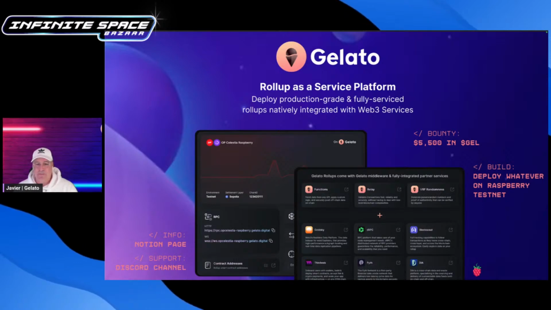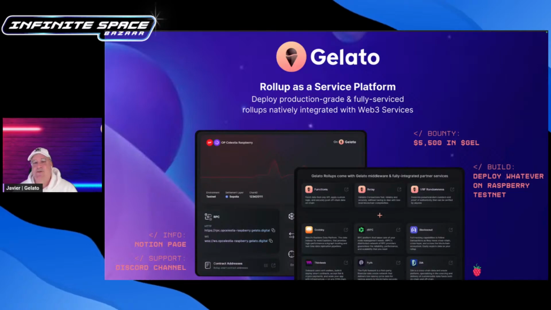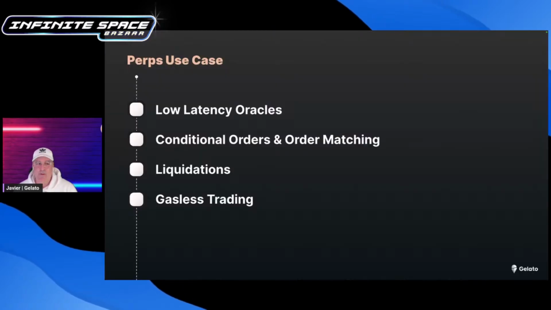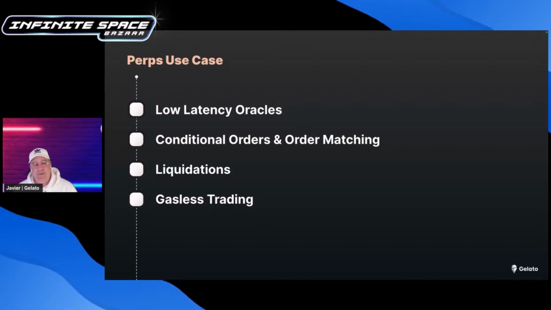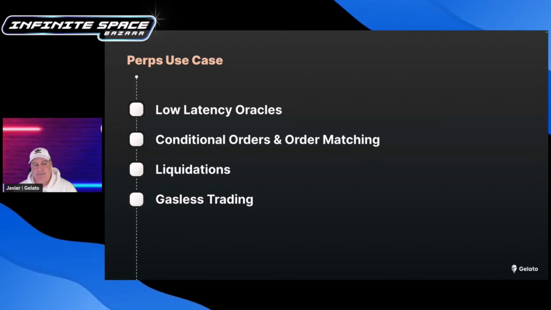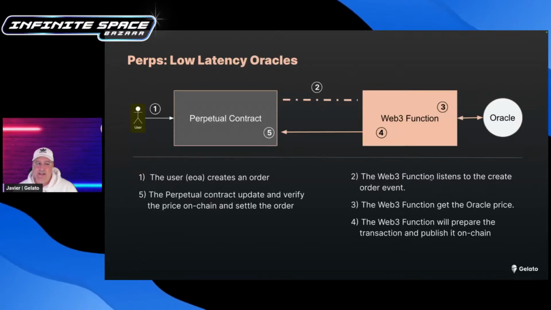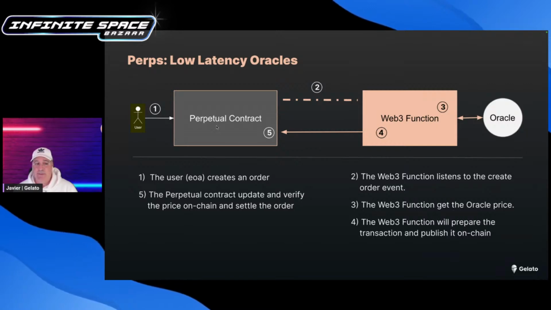So a lot of interesting stuff to build, some bounties to encourage you to build, and let's see how easy we can make this. In this perps use case, we will see first the low latency oracle. We have a user who wants to set an order in the perpetual contract.